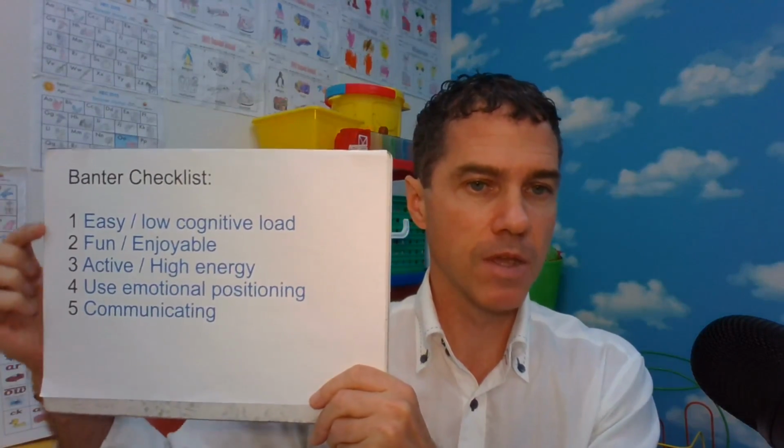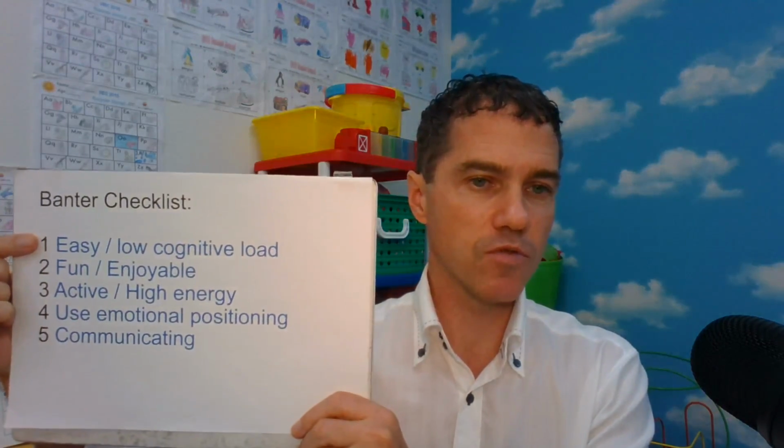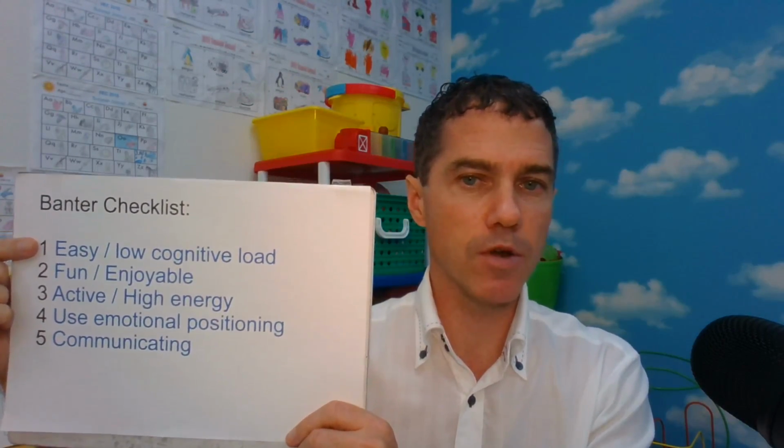So I've made a banter checklist. Let's look at number 1. I have 5 rules when I do banter at the beginning of my class. The first rule is I try to make it very easy. You don't want to do something that has a lot of analysis or requires a lot of thinking.